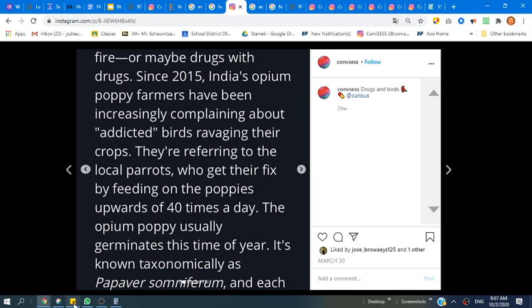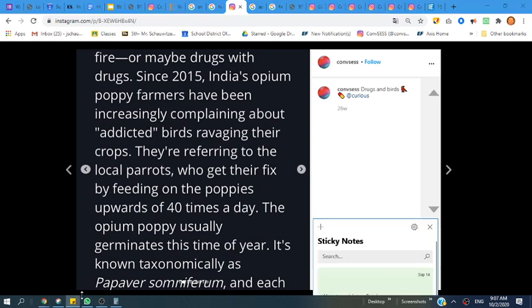Since 2015, India's opium poppy farmers have been increasingly complaining about addicted birds ravaging their crops. They're referring to the local parrots, who get their fix by feeding on the poppies upwards of 40 times a day. The opium poppy usually germinates this time of year, in about March. It is known taxonomically as Papaver somniferum.